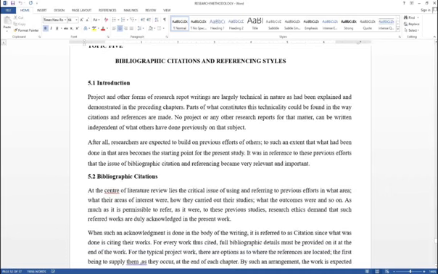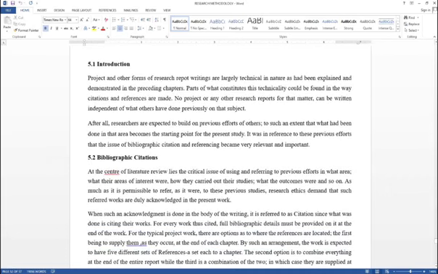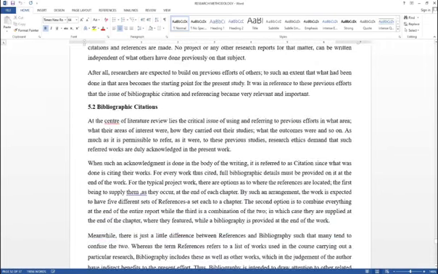After all, researchers are expected to build on previous efforts of others, to such an extent that what has been done in that area becomes the starting point for the present study. This is what has been done on that area, and then it leads to your own work. So, in reference to this previous effort, the issue of bibliographic citation and references became very relevant and important.